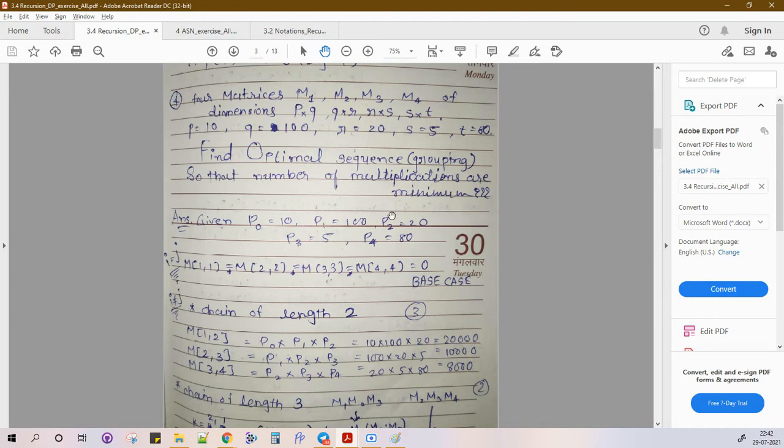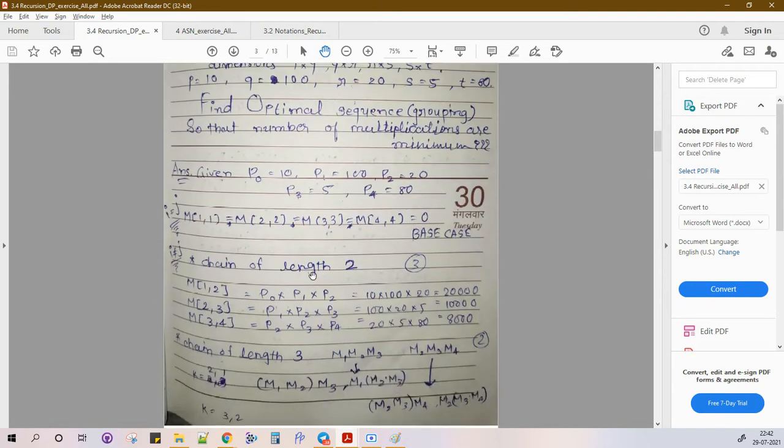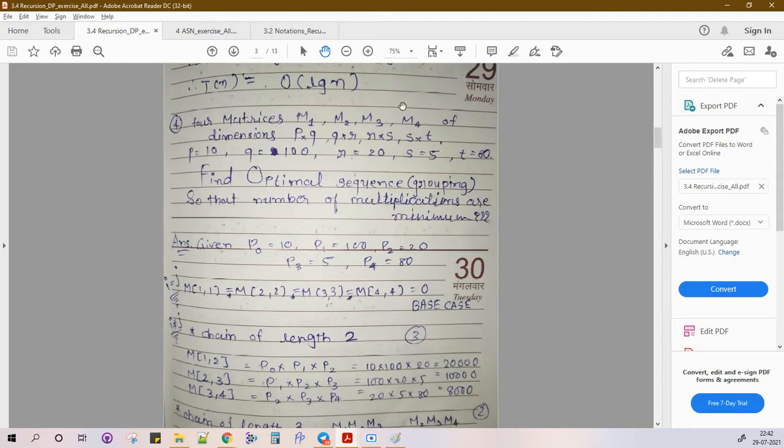Basic check, right? Find the optimal sequence, how to group that, because we have so many possibilities. Group m1, m2, m3 and multiply by m4. Or group the last three, and in three we have the possibility of grouping the first two or the last two. So what is the optimal sequence for the multiplication of these four matrices?